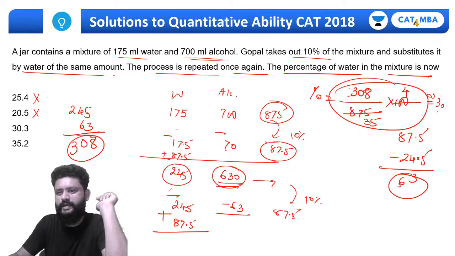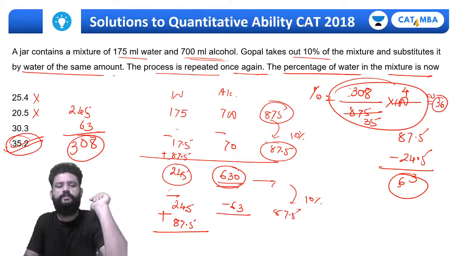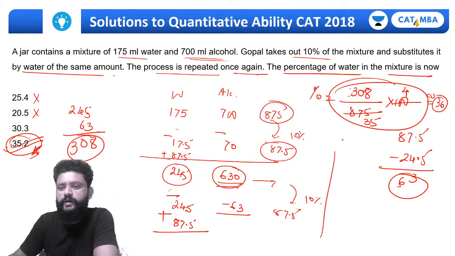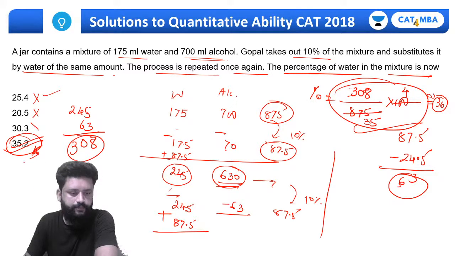This must be close to 36, so I can go for simply 35.2. The approximation was really easy here. Calculation was a bit lengthy initially, but the last step was really easy and answer options were not that close.